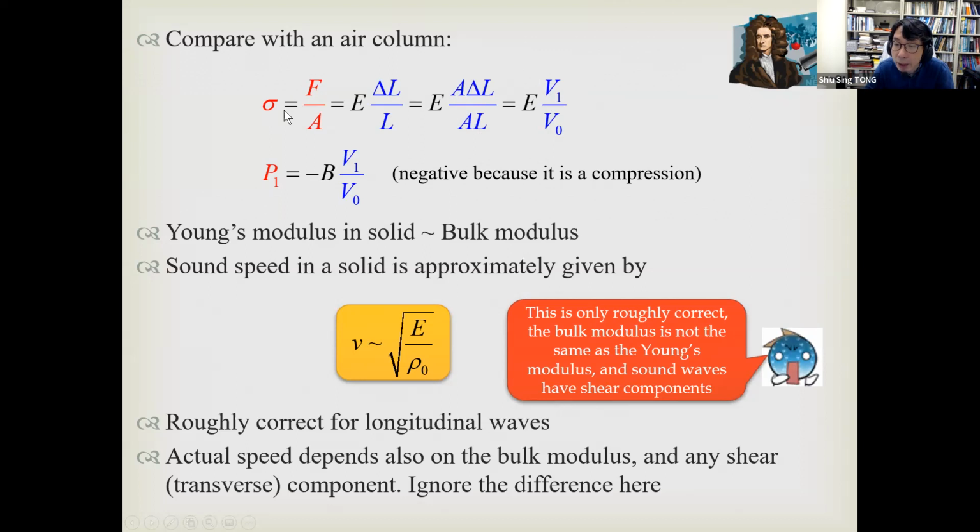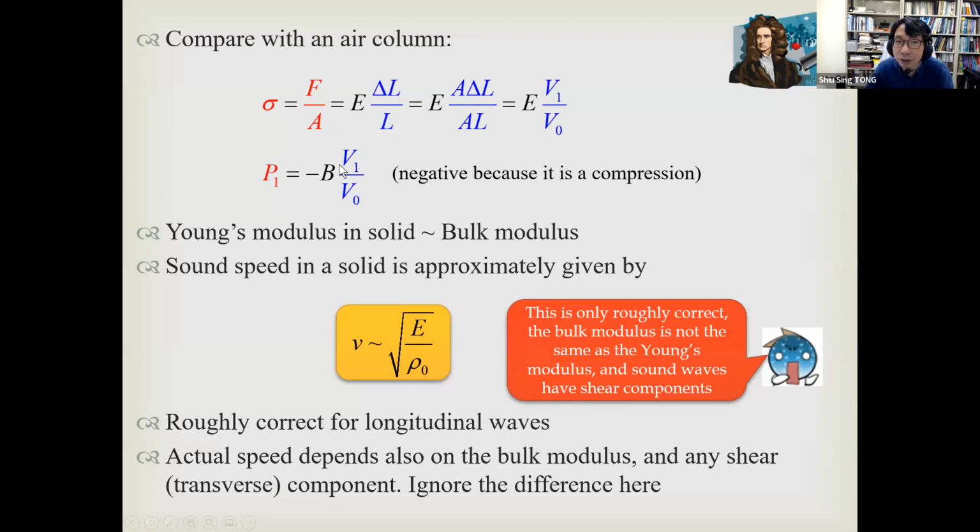So the stress is proportional to the fractional change in volume, V1 over V0, and the proportional constant is the Young's modulus. This can be compared with gas. For gas, the change in pressure is proportional to the fractional change in volume, and the proportional constant is the bulk modulus.